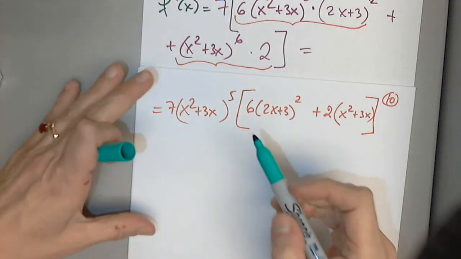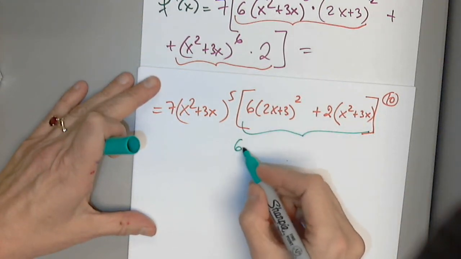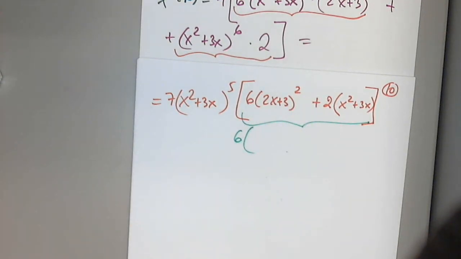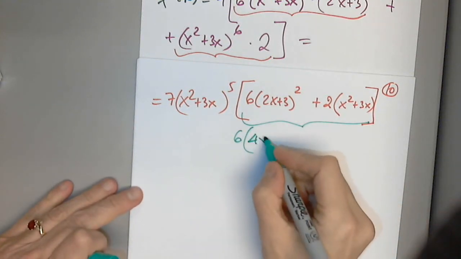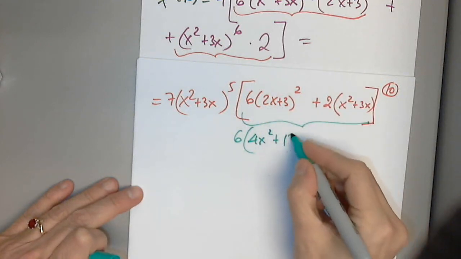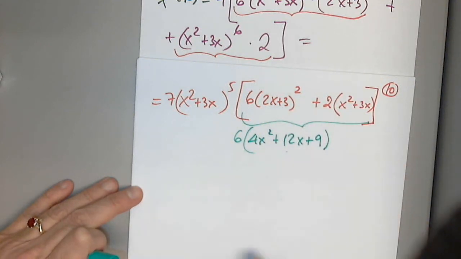The final step will be to work on this. So I have 6 times (2x plus 3) squared. How many terms? This was the first agreement we made this semester. When we square a binomial, you would give me how many terms? 3. Excellent. Awesome. So 4x squared plus 2 times the first times the second, 12x, and plus 9.